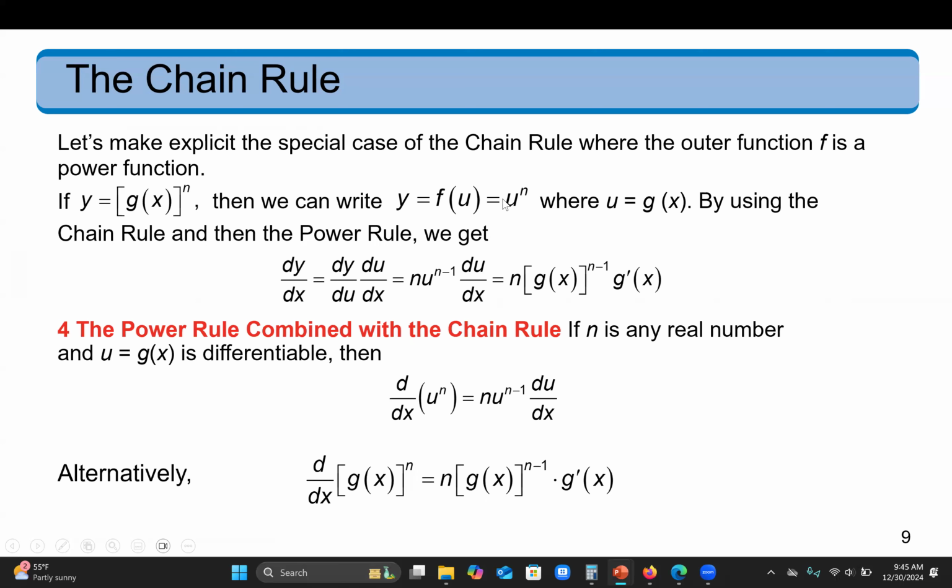First, we use the power rule, because u to the power n gives us n u to the power n minus 1. Then we have to find the derivative of u, du/dx. And that will give us n times g(x) to the power n minus 1 times the derivative of g(x).